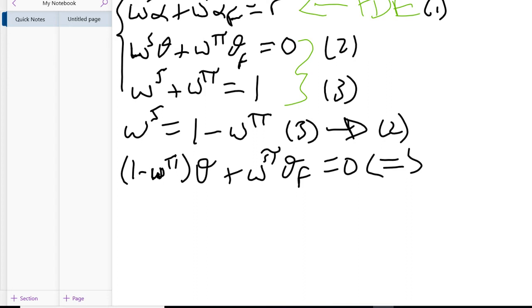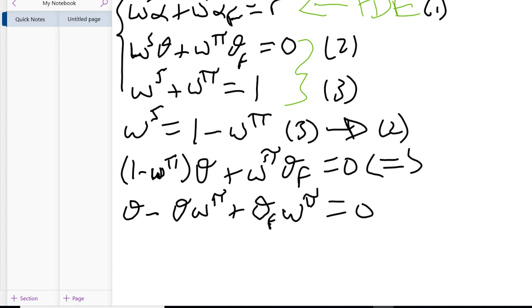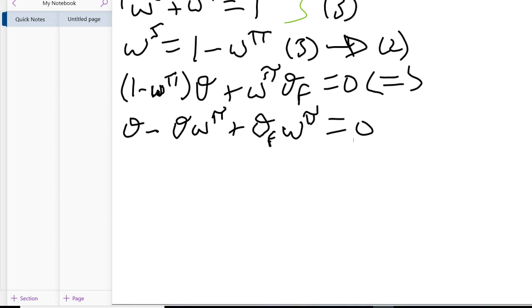This is the same thing as sigma minus sigma w_pi plus sigma_f w_pi equals 0.